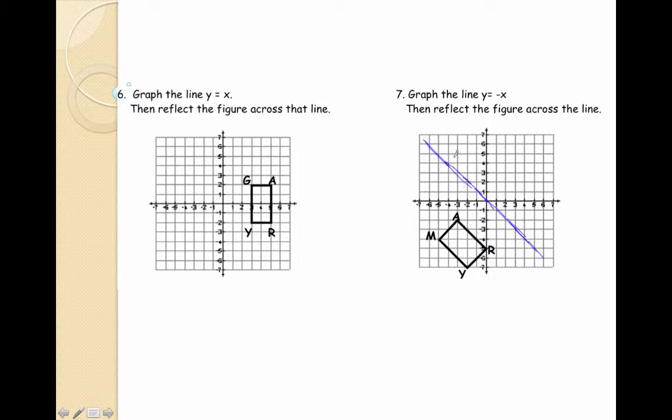So there's my line of reflection. So from A, I go 1, 2, 3, 4, 5 up, so I go 1, 2, 3, 4, 5 over. And this has a slope of -1, so that's why we need the reflections to be kind of a slope of 1. So that's A prime.